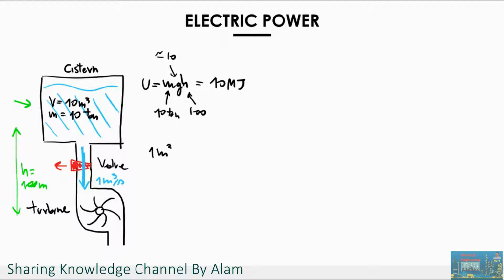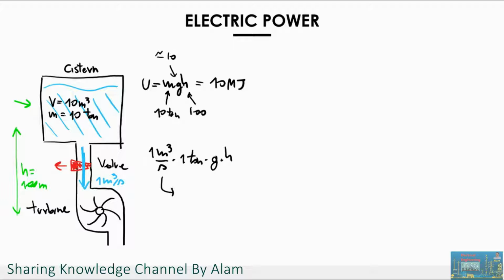So we have 1 cubic meter per second. Each cubic meter has a weight of 1 ton, and then we can multiply by the acceleration of gravity and the height. So in this case, you see it's a similar equation. We have the mass, we have the acceleration, and we have the altitude, and all of that divided by second, meaning this is an energy that we are transferring every second.